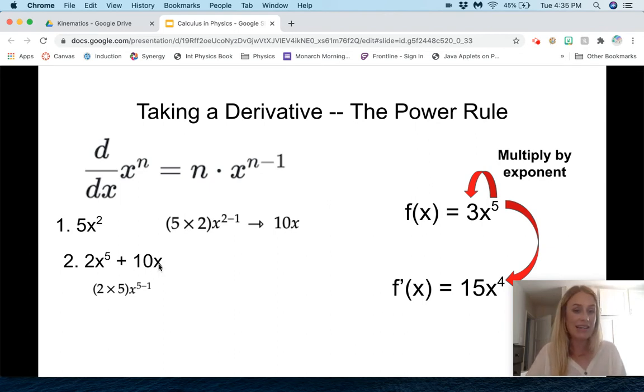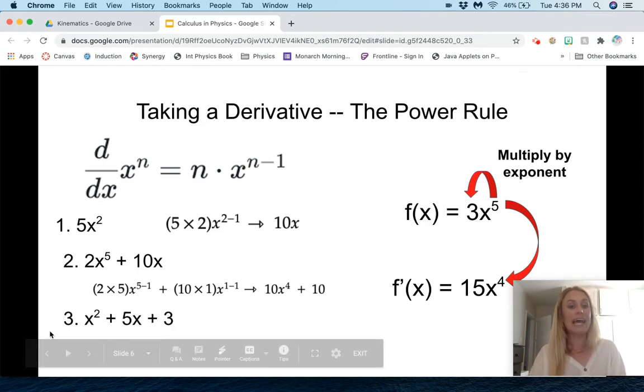Now again, x by itself is just like x to the first power, right? So we take that imaginary 1 that's right here, we multiply 10 by 1, so 10 times 1, x, and then 1 minus 1, which is 0. So x to the 0 is just going to be 1. All right, so we end up getting 10x to the fourth for the first term plus just 10. That x disappeared because we had x to the 0, which is just 1. So that's the derivative of example number 2.